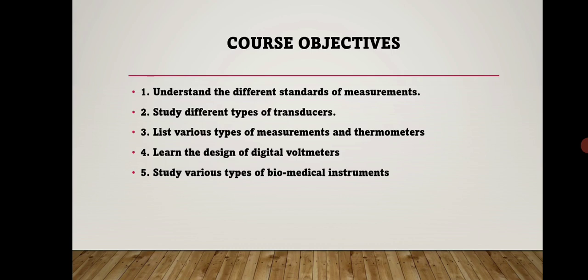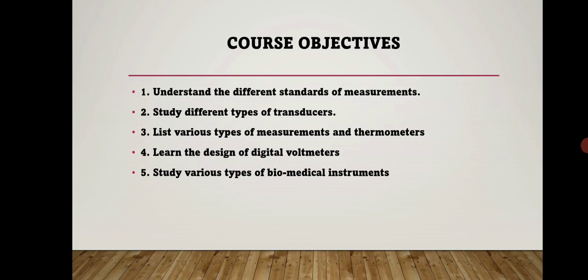In this one, you will study the DVM, the digital voltmeter, and we will also come across analog voltmeters. How they are designed, the internal block diagram, and how we are going to use them.